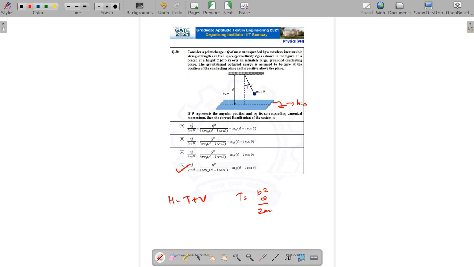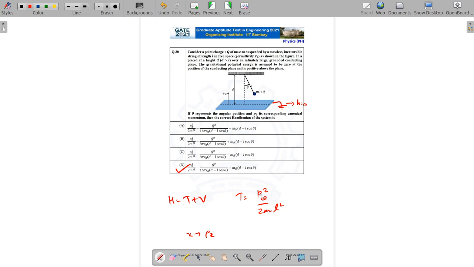Okay, so since it is an angular part, there should be an L square also, because it's angular. Usually, when we have a coordinate, theta does not have any dimension, right? If we have x position and the corresponding momentum is px, then the kinetic energy will be p square by 2m.